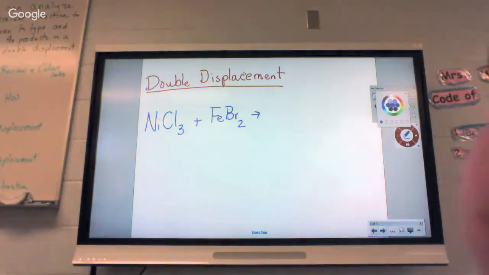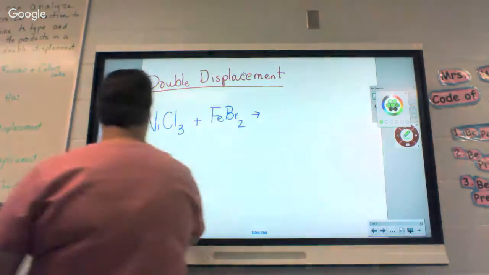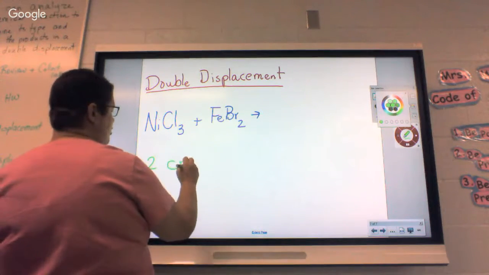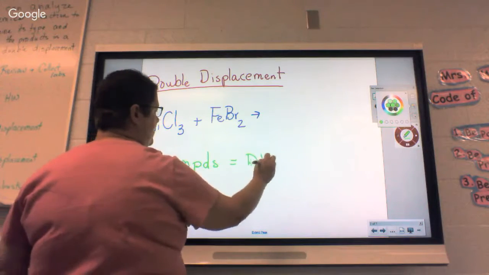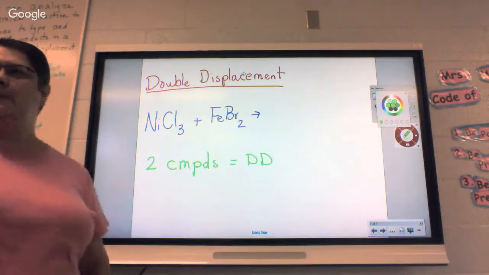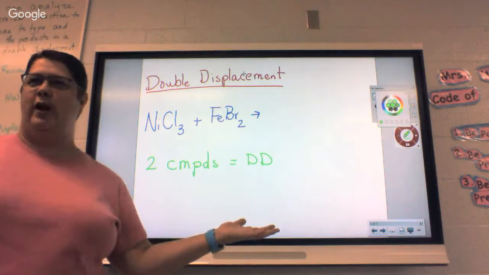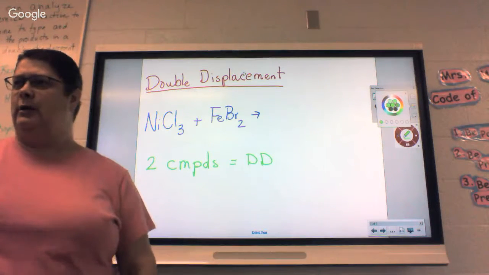Now, what's different about this one than the last 3 examples we worked? How can you tell they're different other than I wrote double displacement at the top? Exactly. You should be able to recognize at this point that these are 2 compounds, which is how you tell it's double displacement. So, the steps are identical. What did we just do in all 3 last examples?